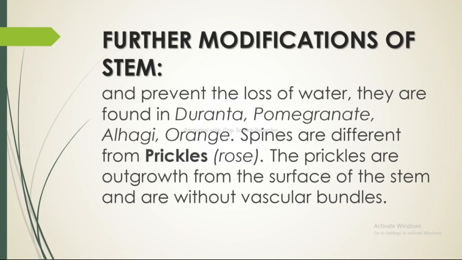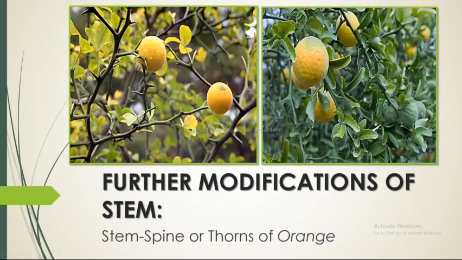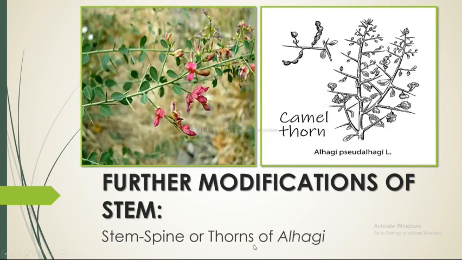Further modifications of stem: this is the stem spine and thorn of Duranta. This is the leaflet, this is the thorn and winged petiole, and this is the stem and joint of Duranta, as shown in the figure. Further modifications of stem: these are stem spines and thorns of orange.